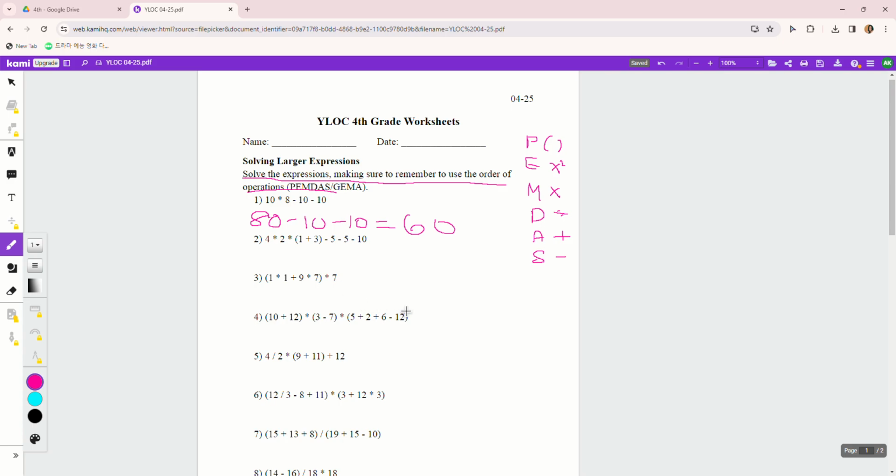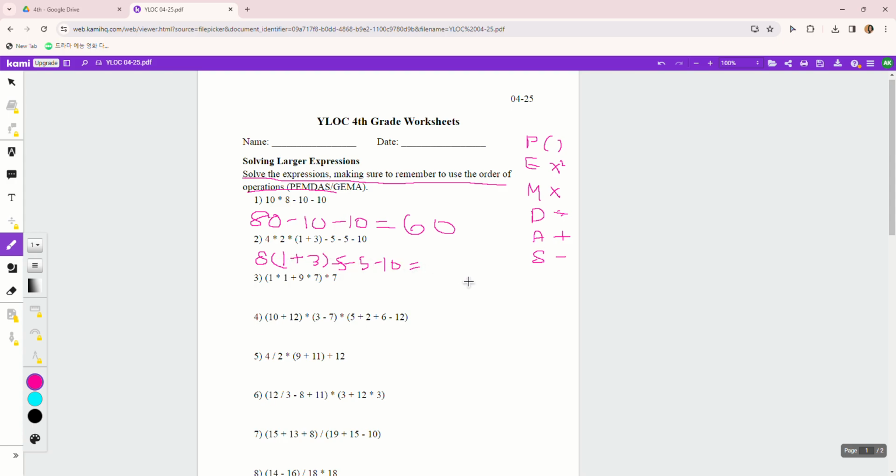For the next one, you would have to do multiplication first. So 8 times 1 plus 3 minus 5 minus 5 minus 10. So you would first have to do what's inside the parentheses.